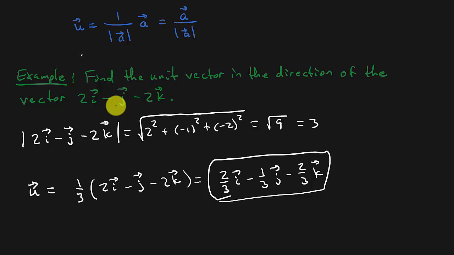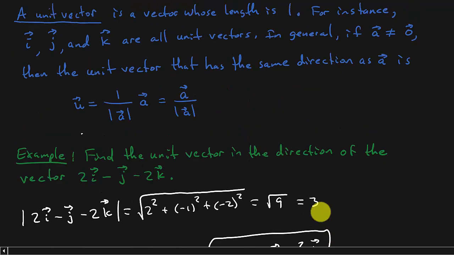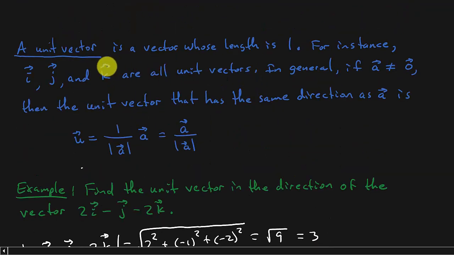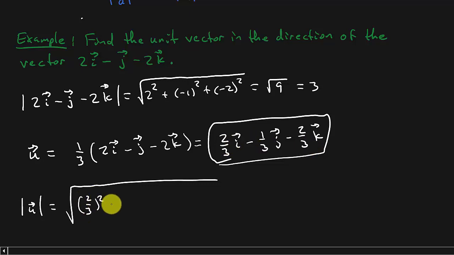All right. So let me just show you this. What did it say about the unit vector? It says a unit vector is a vector whose length is 1. So let's look at this. What would be the length of that? Well, that's the square root of this squared plus this squared plus this squared. So that's 2/3 squared plus negative 1/3 squared plus negative 2/3 squared.